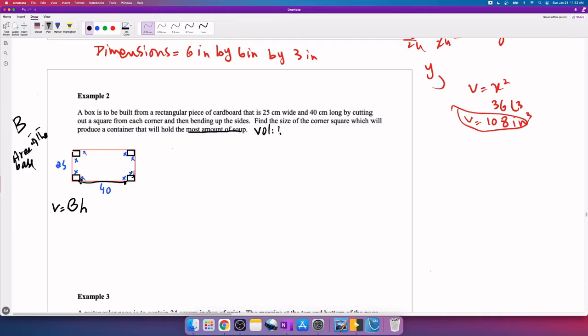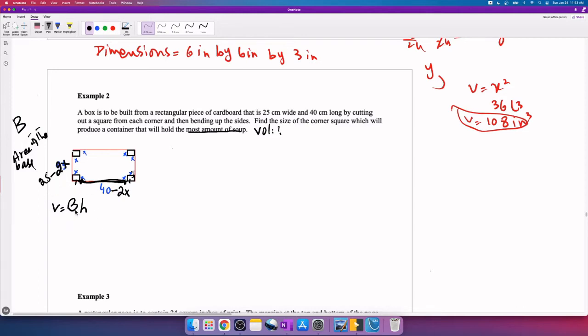But when we cut these squares, this portion is gone, this portion is gone, that portion is gone. So I'm only talking about the length of this. I'm going to have 40 subtract 2x, because I cut them, and 25 subtract 2x again here. So that's my length, that's my width.